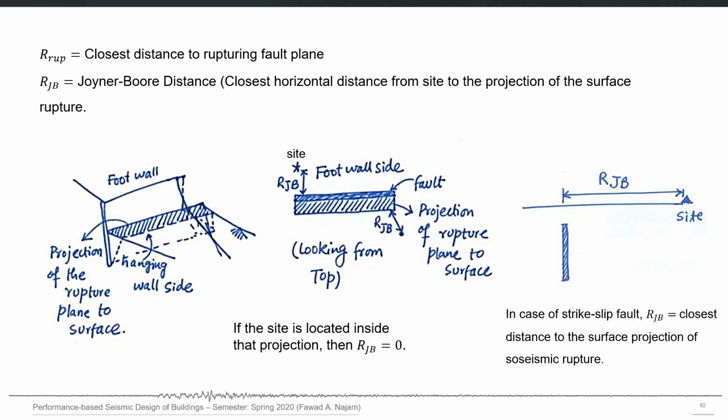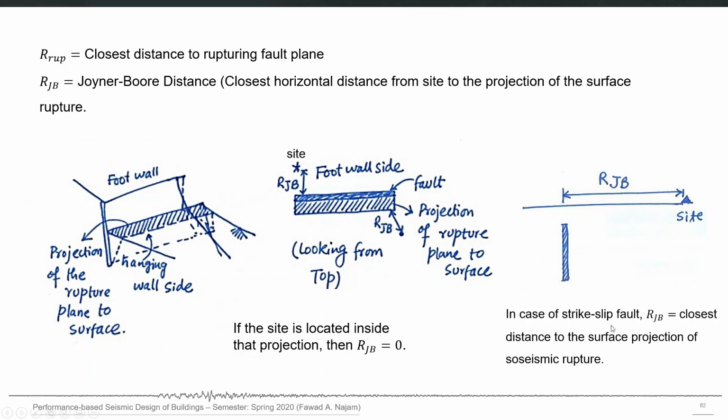And the third possibility is that your site is located inside the projection, inside the shaded area. In that case, you should take RJB equal to 0. Okay, so this is an example of how RJB is defined. Again, I repeat, it is the closest distance from your site to the projection of the surface rupture.